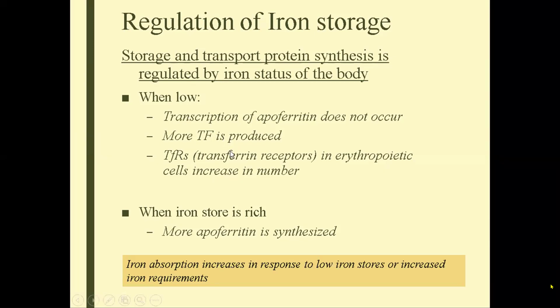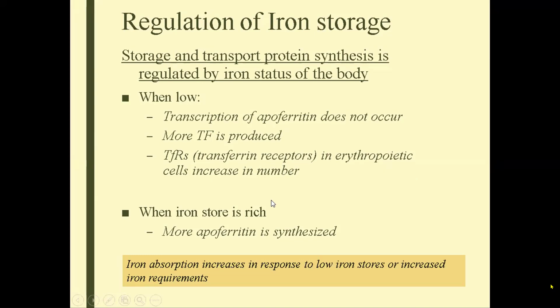So all these are at the gene level itself, right? So transcription of apoferritin does not occur, whereas more transferrin protein will be produced, so that it can move the iron from the mucosal cells, from the plasma, to the target site. Similarly, the receptor will also increase in the erythropoietic cells.